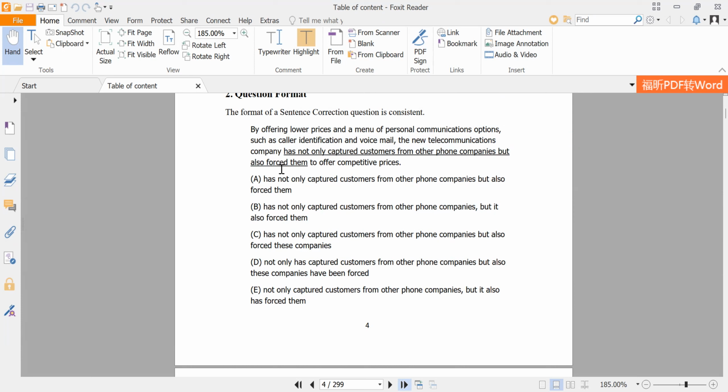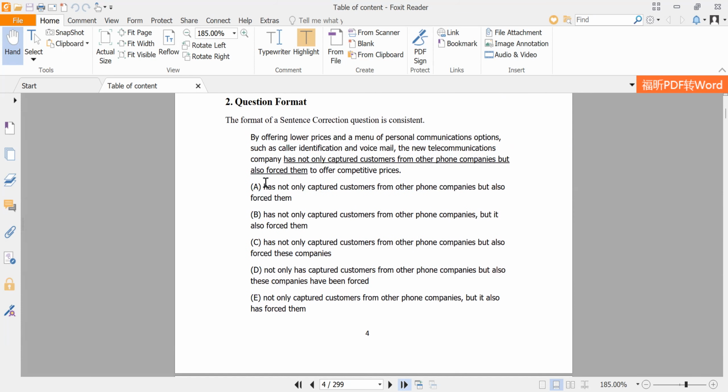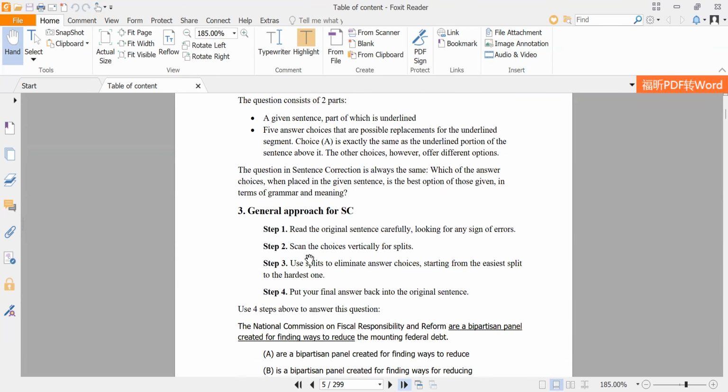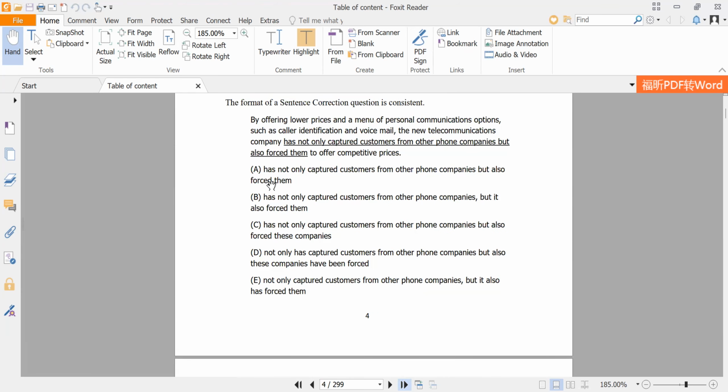After that, we are going to look at the answer choices and pay attention to their differences, or as the typical GMAT term for it is, split, looking for splits. For example, here you can see that these 5 answer choices are different in that A and B use "has not only captured," and C also uses "has not only captured," but D and E are different: "not only has captured," "not only captured."